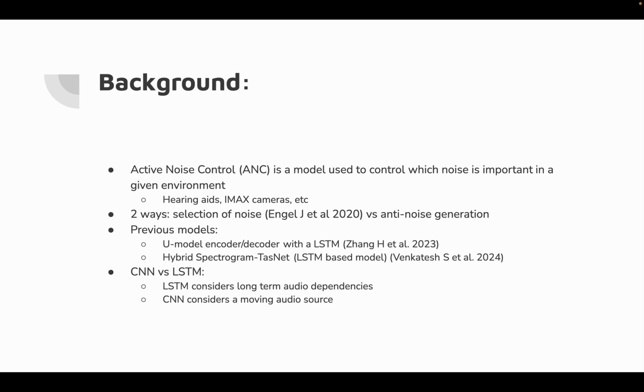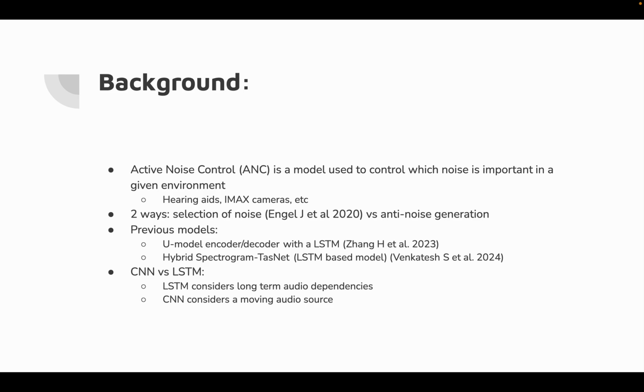So using an active noise control system, they're able to dampen the noise captured from the IMAX. This model is used to dampen noise produced by the IMAX camera and only capture the speech spoken by the actors.